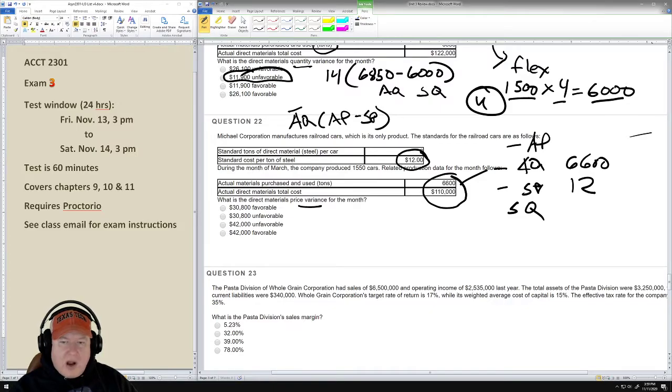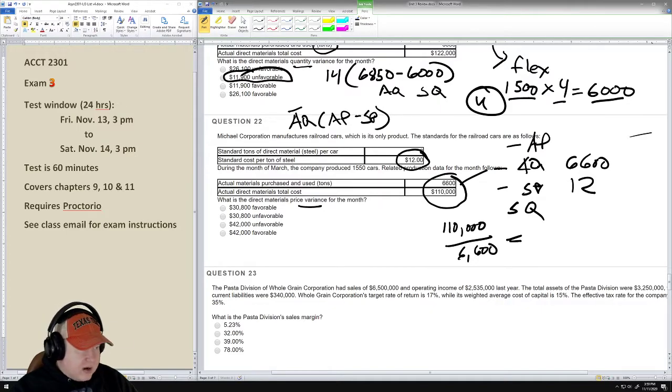And if I wanted to figure out how much I paid for each ton of steel, it would be 110,000 divided by 6,600. Let me double check, it looks like it's 16.67.